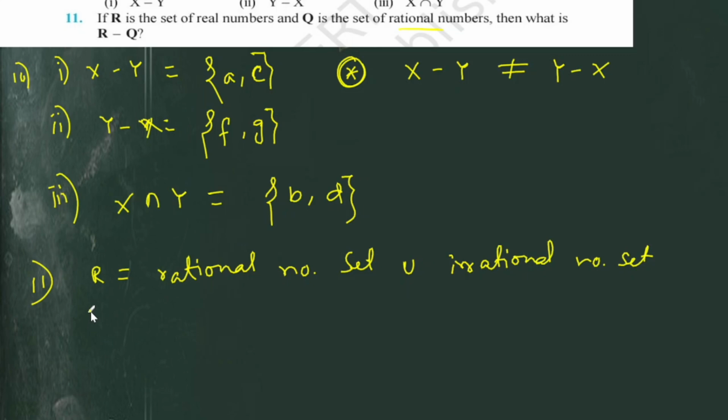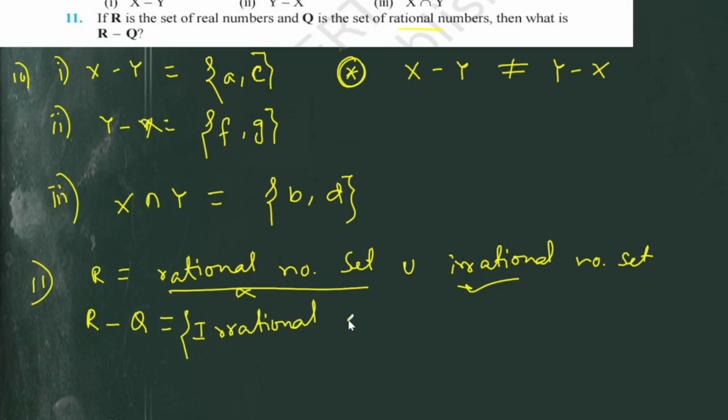So if I do R minus Q, we have to remove the elements of Q from R. Then we will get only the rational number set. So the answer will be the set of irrational numbers.